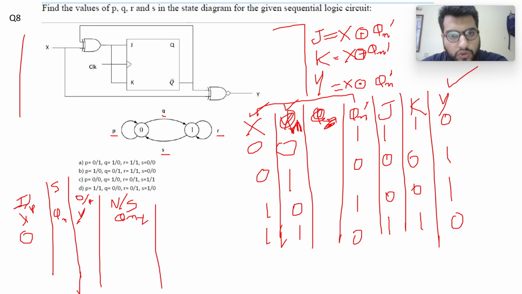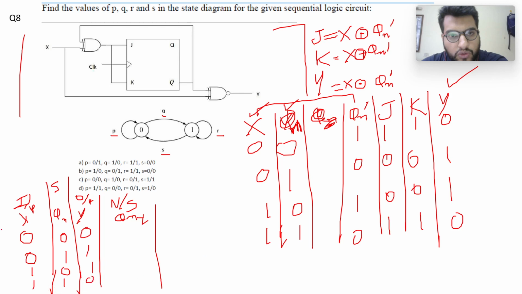So it's 0 0 1 1, 0 1 0 1. This is my input, this is my state, this is my output, and this is my next state. So X is equal to 0, Qn is equal to 0, my output is equal to 0. Then 0 1, my output is equal to 1. Then 1 0, my output is equal to 1, and 1 1, my output is equal to 0.